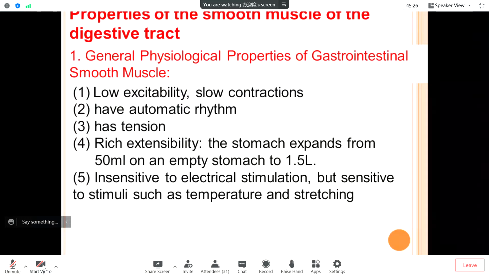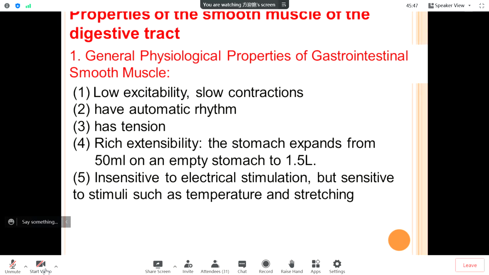Myocardium cells also have automatic rhythm, and smooth muscle also has automatic rhythm ability.